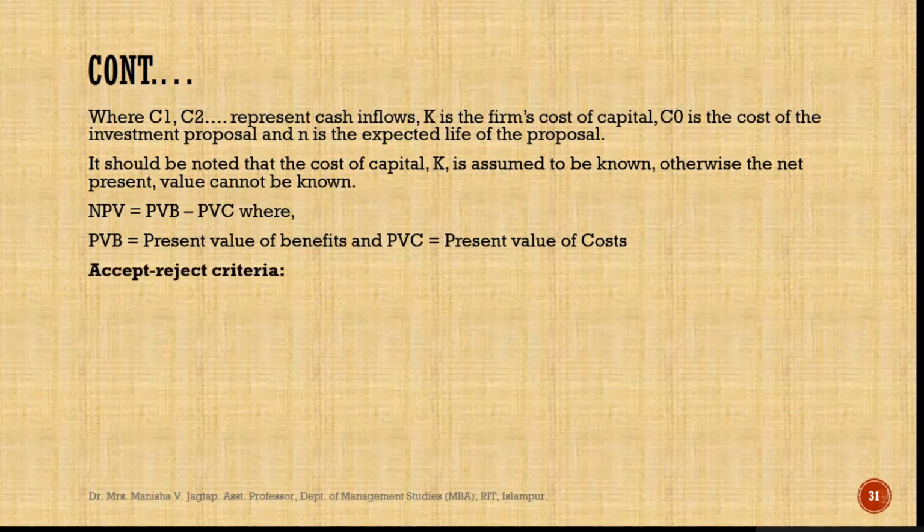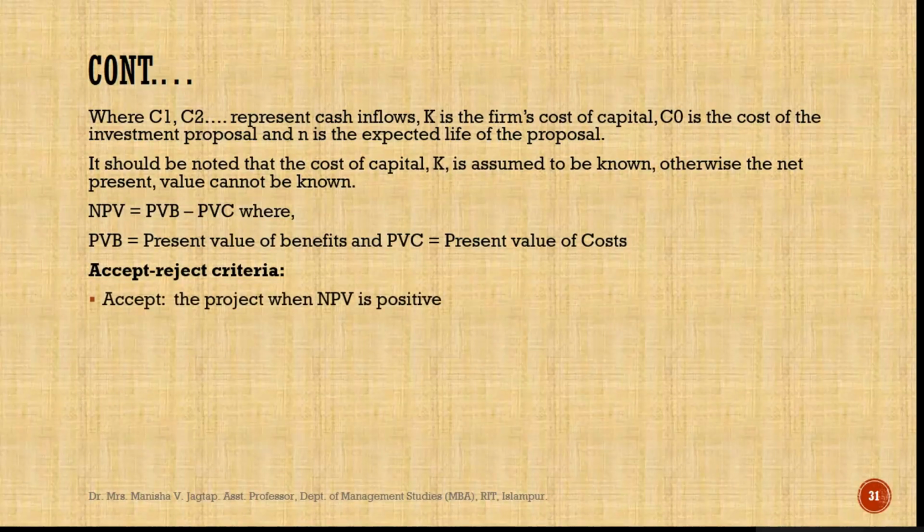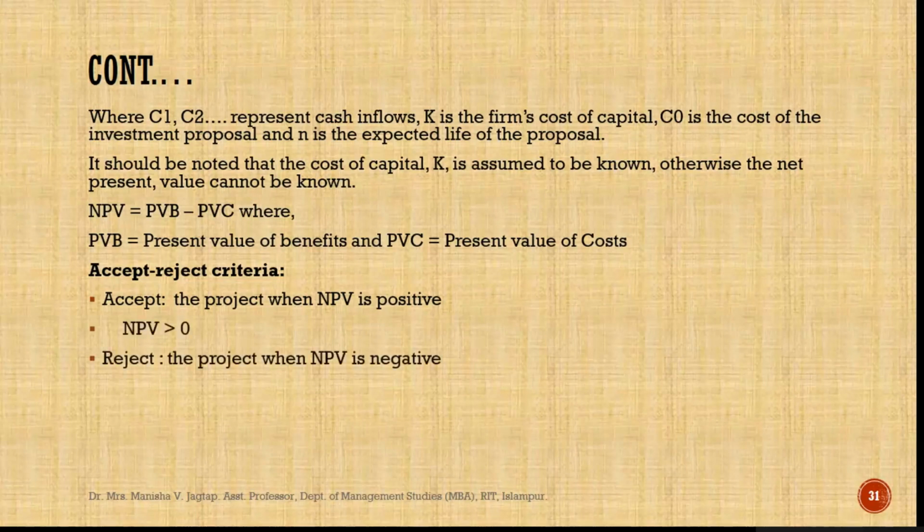Now, here, what is the accept reject criteria used? We will accept the proposal if the project is giving net present value positive, and we will reject the proposal or project when NPV is negative, that is less than 0.